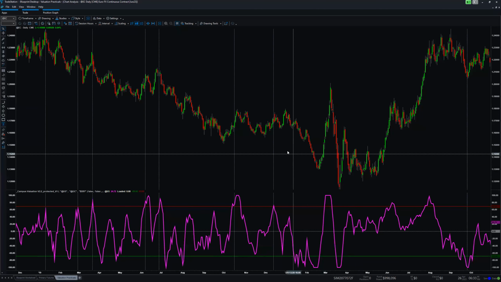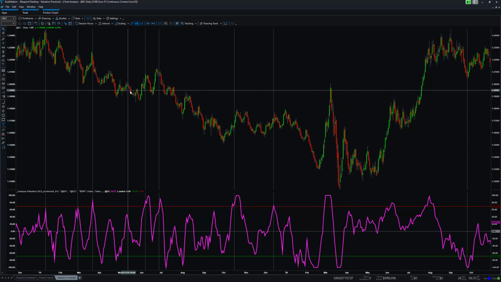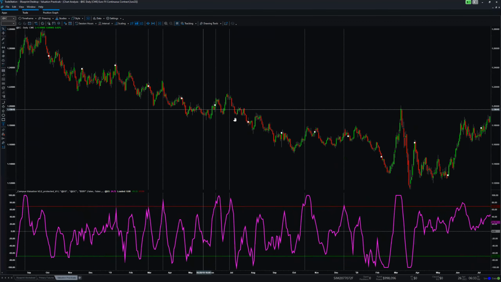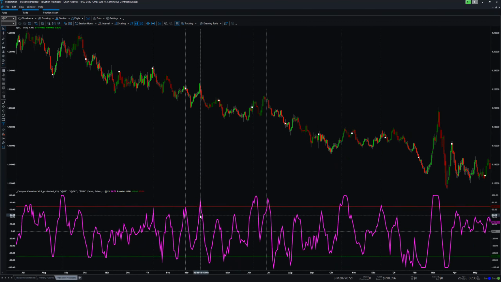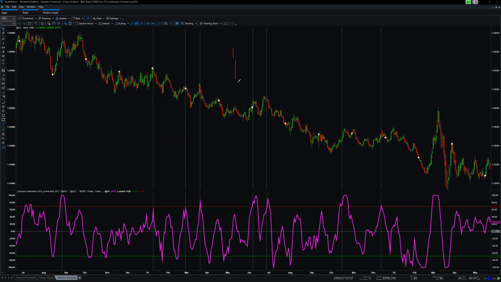Because it always looks at these 10-day cycles, and based on those very short 10-day cycles, it's then going to tell you whether the spread based on that cycle is over or undervalued. So if in the last 10 days you just see that, right?